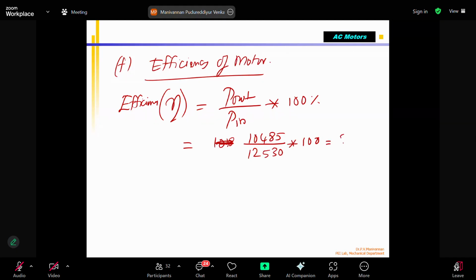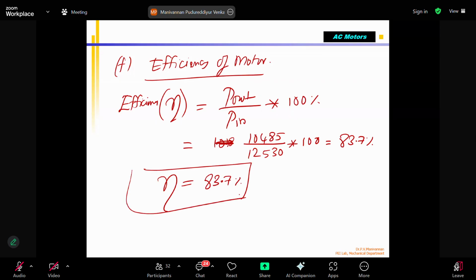You can see that 83.7%. So I can say that the efficiency is 83.7%.